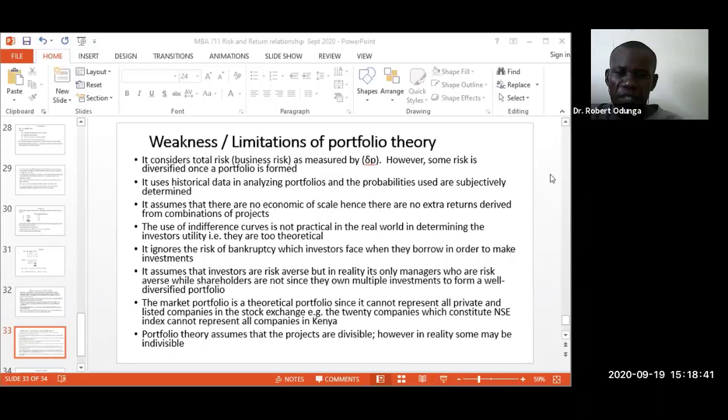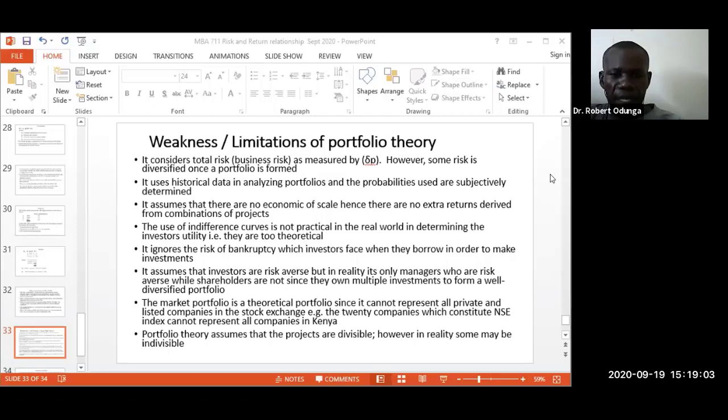With this, variables are bound to change, and they may not actually behave the same way like we anticipated due to changes in the economic variables and all these factors.